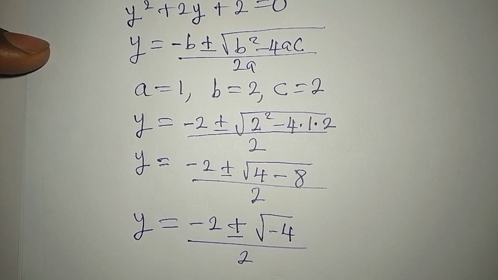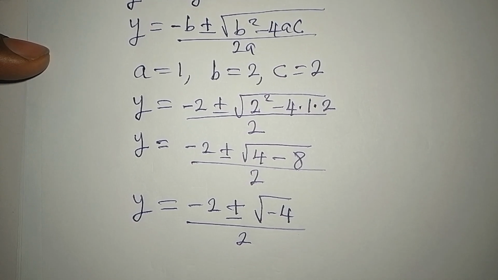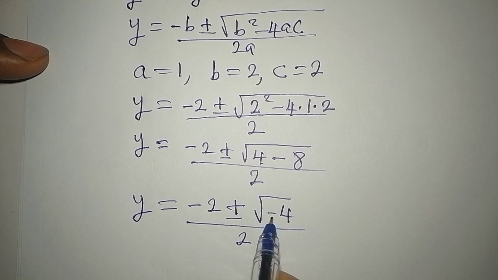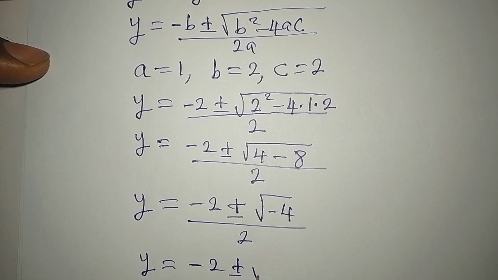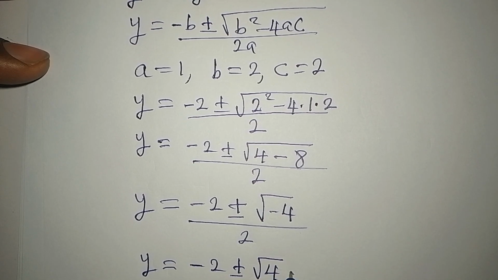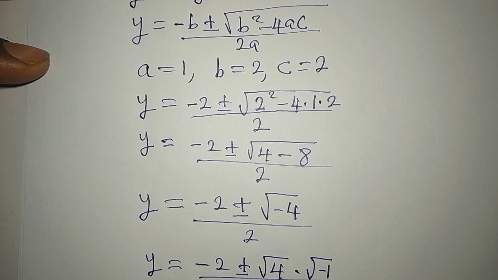If you're not new to my channel, you know that I always point out the negative first so that I can get the square root of 4. y is equal to (−2 ± √4 × √−1) over 2.